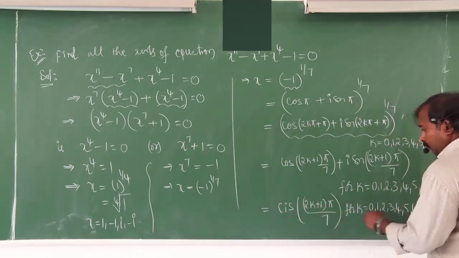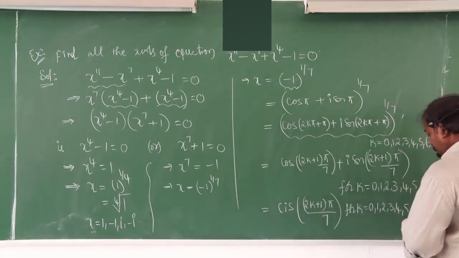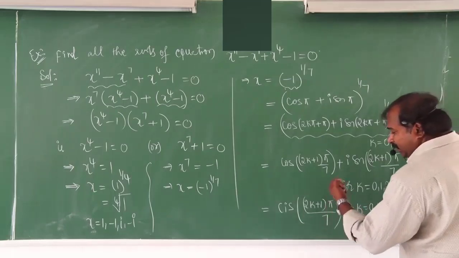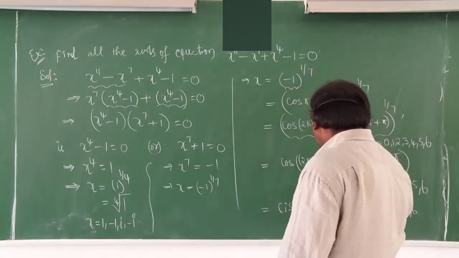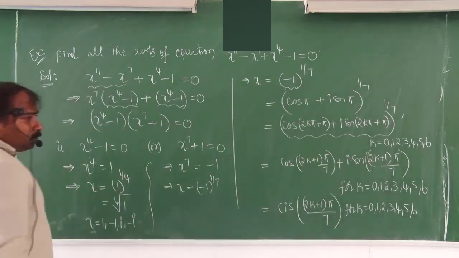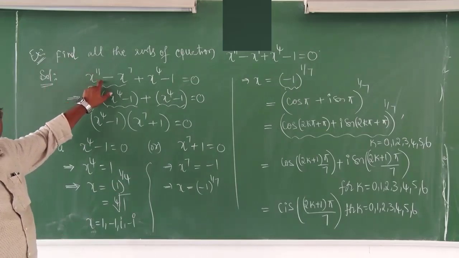K equal to 1, one value. K equal to 6, one more value. In total, how many values do you get? 7 values. Those 7 values are nothing but the 7th roots of minus 1. So here you get 7 roots, and you already got 4 roots. In total 7 plus 4, 11 roots for this equation.